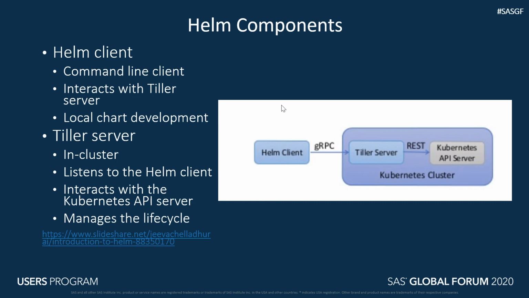But the Helm client is a command line client, and in version 2 of that, it interacted with a Tiller component or server that was inside the cluster, and allowed us to do local chart development out there. The Tiller server was in the cluster, listened to the Helm client, interacted with the Kubernetes API, and managed the lifecycle.